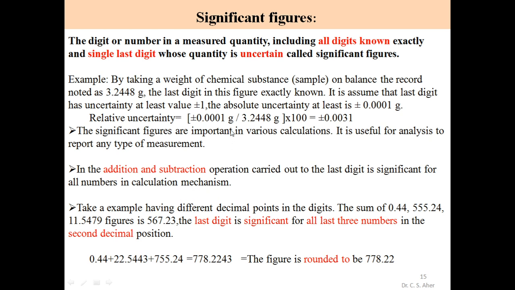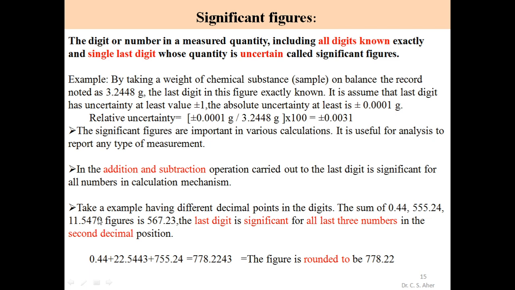See, when we consider significant figures in addition or subtraction, what is the rule? Let's take a direct example, that is very clear. Take an example with different numbers of decimal places. Suppose we have these three measurements: 0.44, 555, and 0.24. Now we add these three quantities.